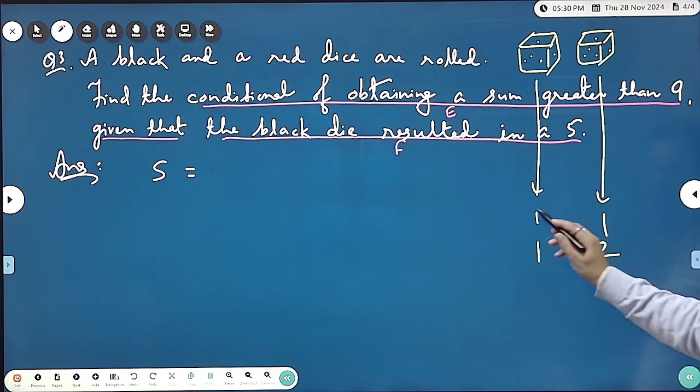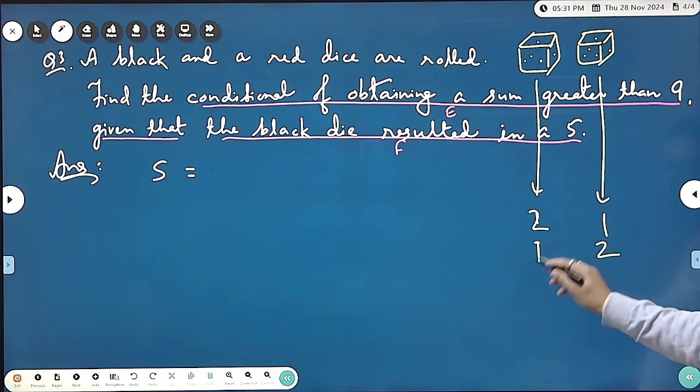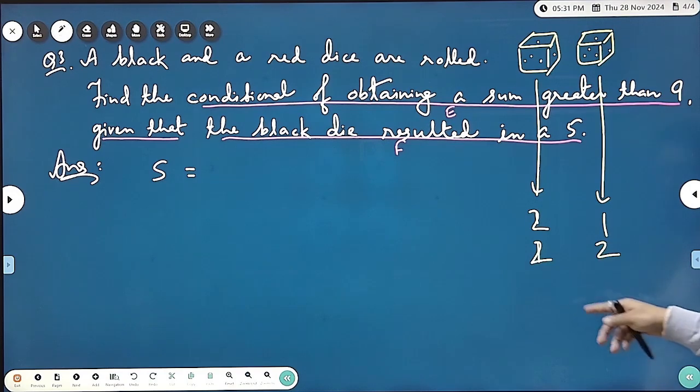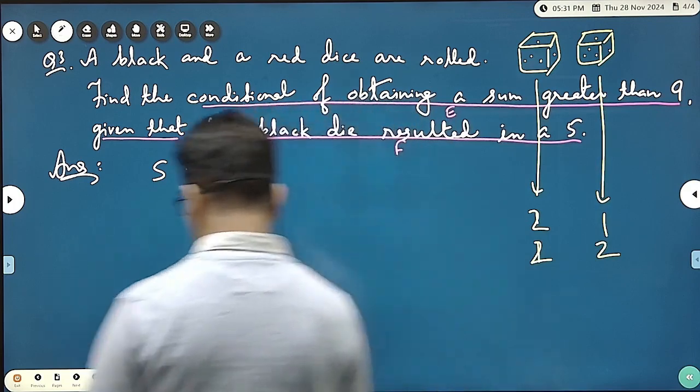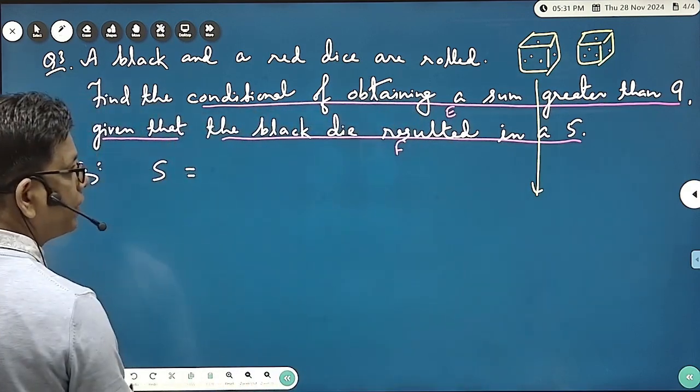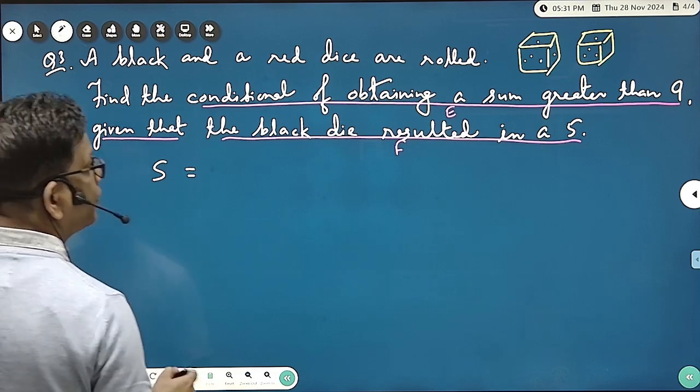Then again it starts from 2, 1, 2, 2 till 2, 6. Like that 3, 1 to 3, 6, 4, 1, 5, 1, and finally 6, 1 to 6, 6. That means, as you rightly said, the total number of outcomes possible here is how many?